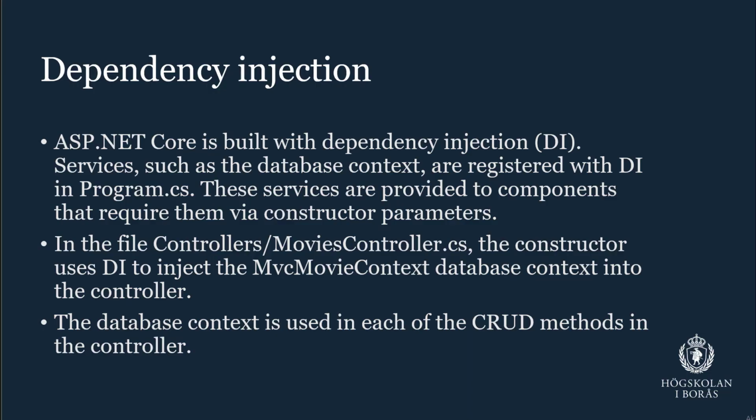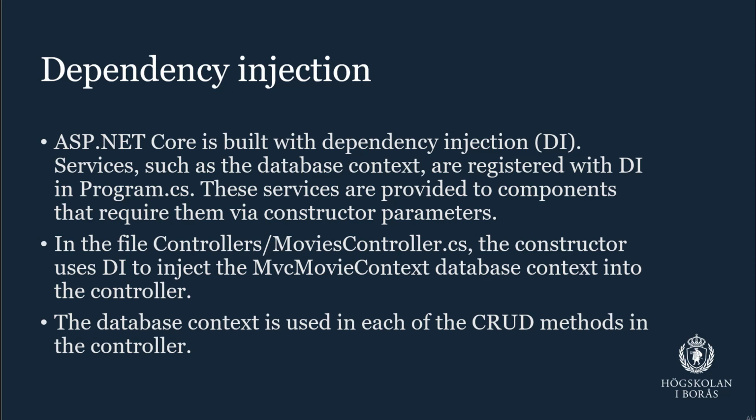ASP.NET Core is built with dependency injection. Services such as the database context are registered with dependency injection in Program.cs. These services are provided to components that require them via constructor parameters. In the file Controllers/MoviesController.cs, the constructor uses dependency injection to inject the MvcMovieContext database context into the controller.